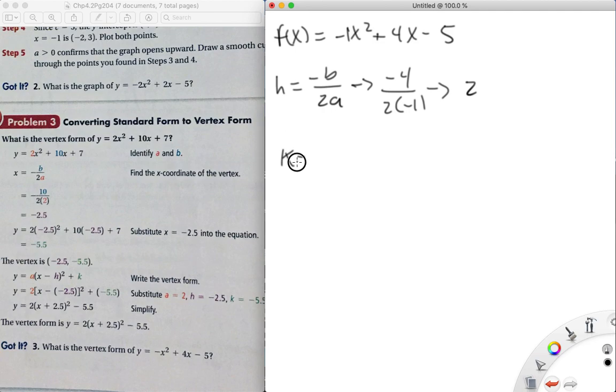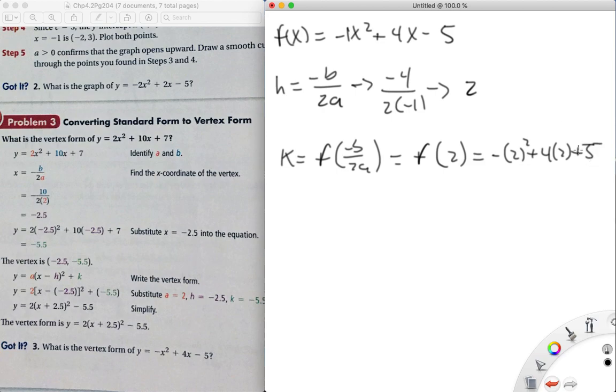So k equals f of negative b over 2a, which is f of 2, which is negative 2 squared plus 4 times 2 minus 5, which equals negative 4 plus 8 minus 5.